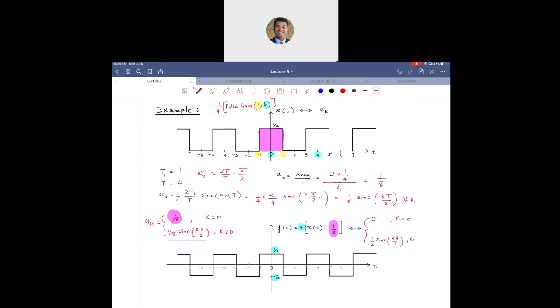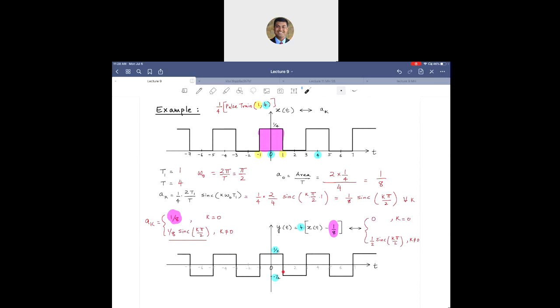And this is going to be for k not equal to 0. So I hope you see how you can apply the vertical shift, and we have also applied linearity over here to get the Fourier series coefficients of y of t, which is a periodic rectangular pulse train, but it is centered around 0.